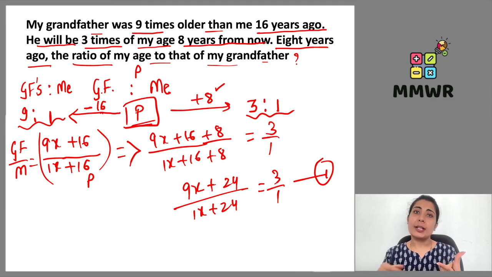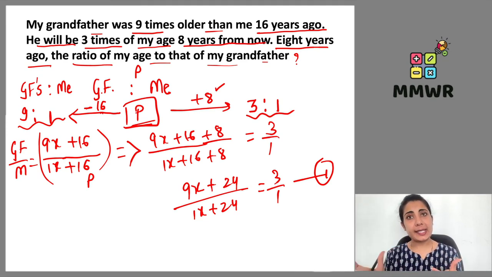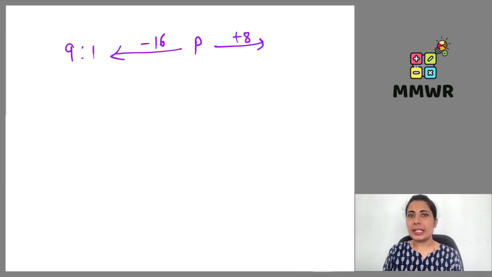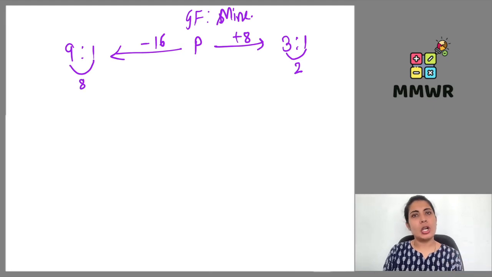So whatever the difference between my age and my grandfather's age was, exactly the same difference should be there, because we both have moved the same number of years. So 9:1 was the ratio 16 years before. At present, I don't know the ratio. And after 8 years, the ratio is going to be 3:1. Right? This is given to us.